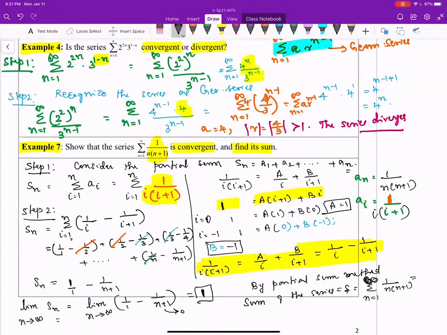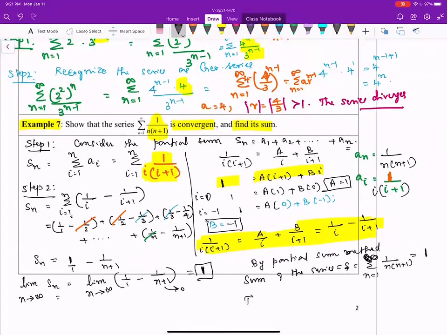That is also equal to the limit of the partial sum, which is equal to 1. This type of series is called a telescoping series.